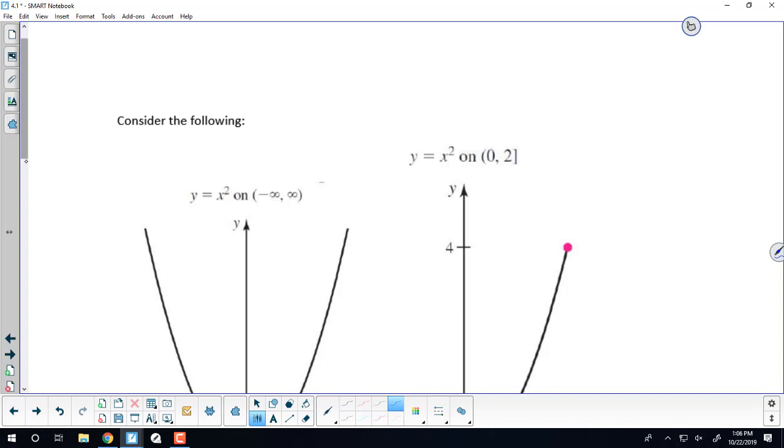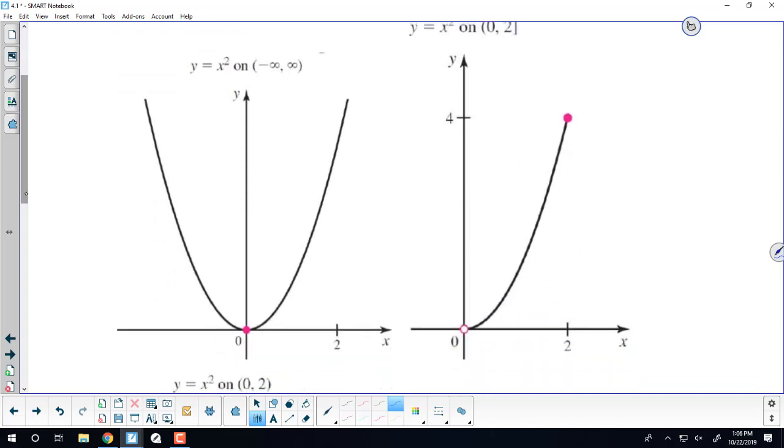So if we looked at, for instance, x squared on its domain, negative infinity to infinity, we would see here at its vertex that we do have an absolute minimum. So I'll abbreviate that, absolute minimum. But there is no absolute maximum, right, because the function will just continue to grow.